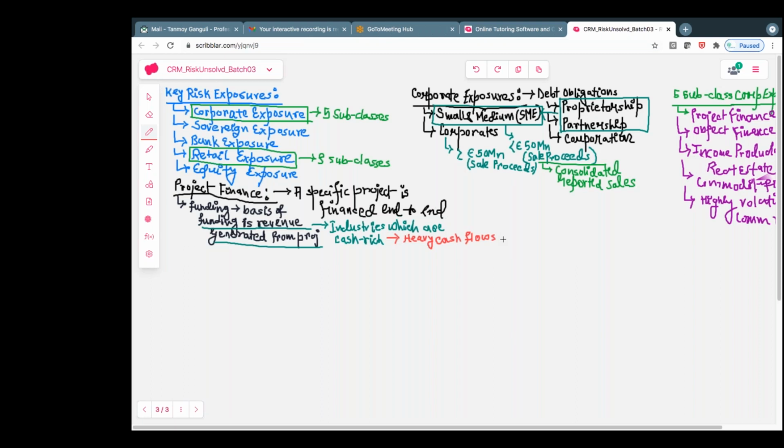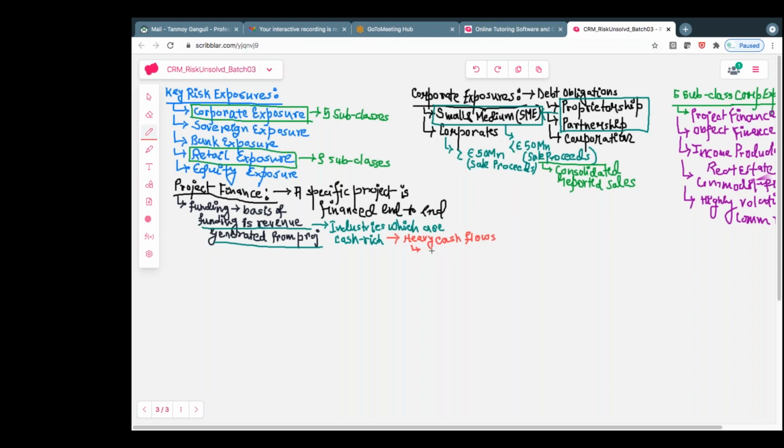However, when I'm talking about this, I'm talking about a specific manufacturing industry, right? Where there are heavy cash flows, and the loans will be backed by the cash flows.